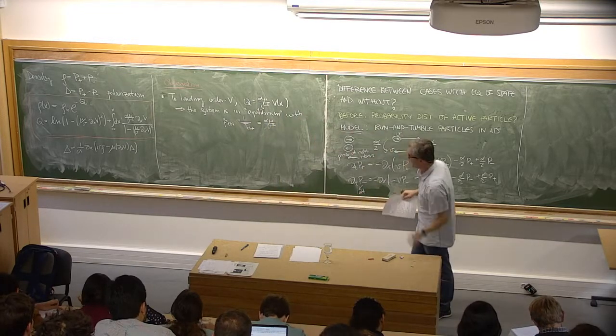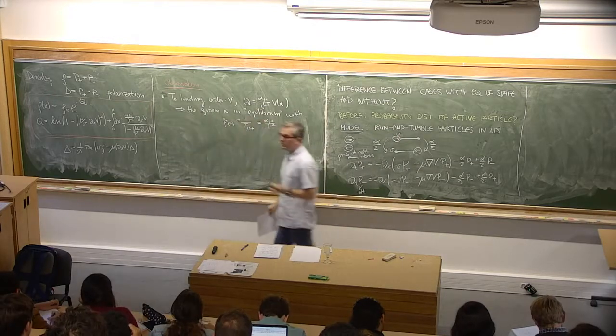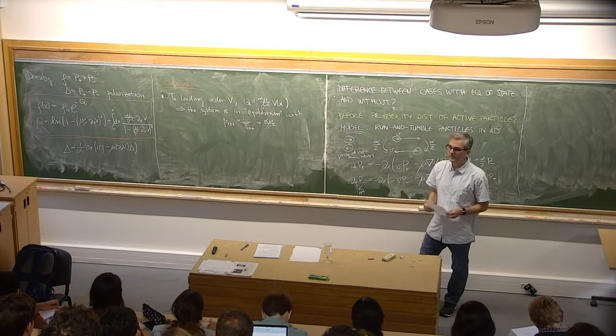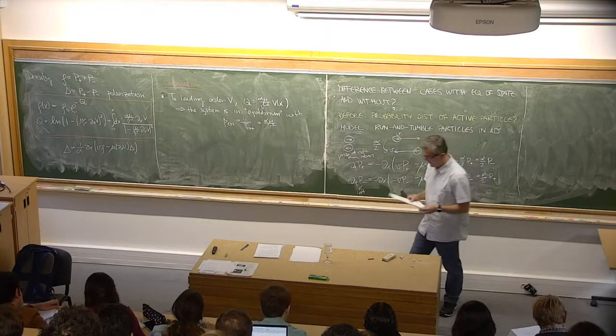Okay, so that's actually a very useful thing to have, because if you want to look at things to leading order in V, then you could just borrow lots of stuff that you know, which is wonderful. And people have done that.